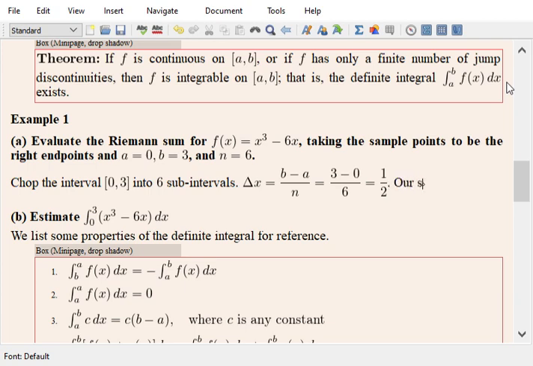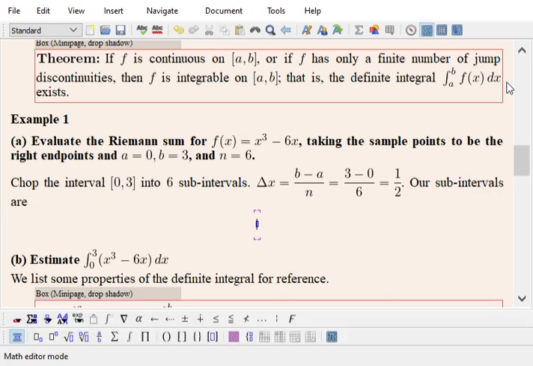So our subintervals are, well, we're going from 0, and then we're going to go out 1/2, so 0.5. The next subinterval is going to be 0.5 to 1, right? Because we're just taking a distance of 1/2 each step.